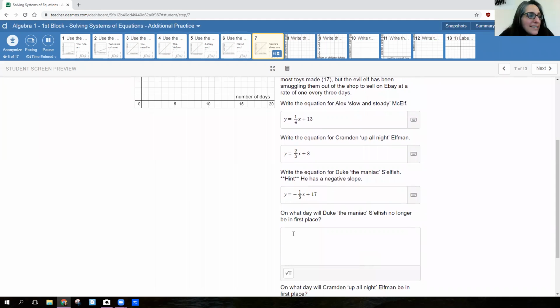It's on what day will Duke no longer be in first place? When do you think Duke won't be in first place anymore? Duke is the black line. When is that black line no longer going to be above? First place would mean he'd have to be the highest. When will he no longer be in first place? Type your answer when you have an idea.